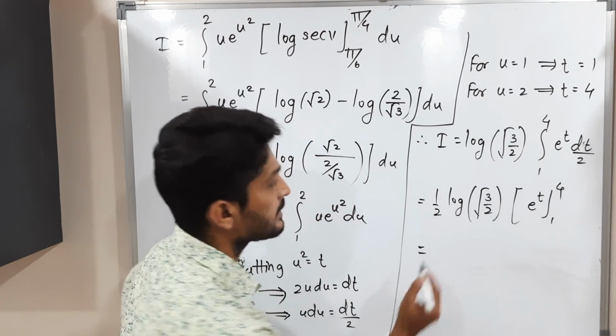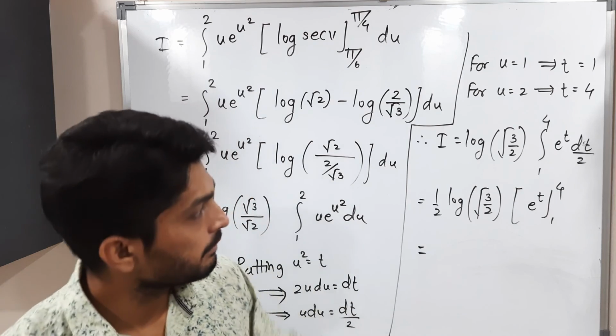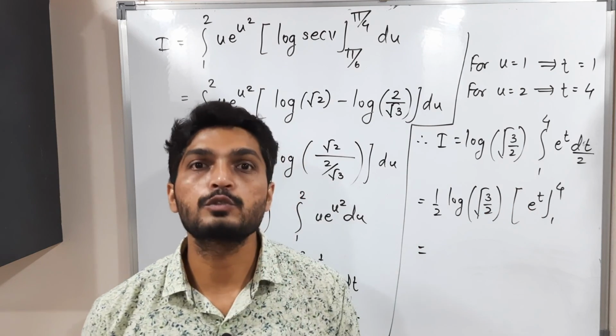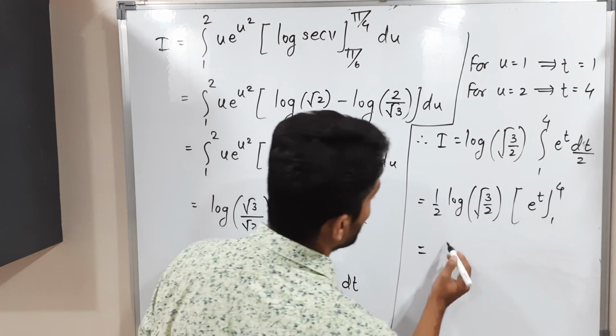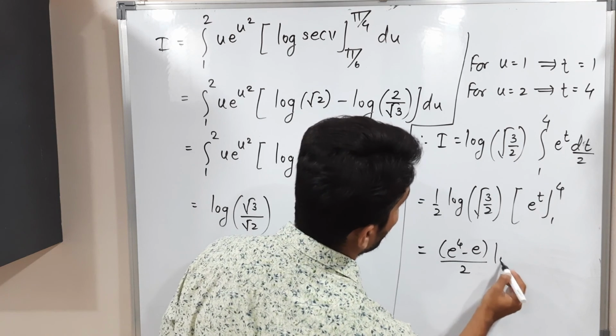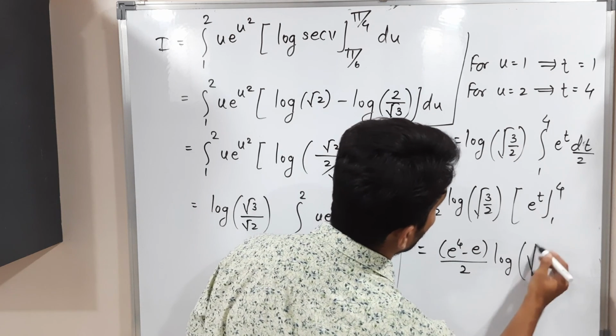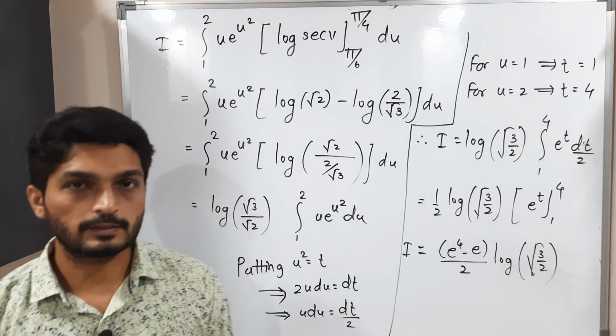Our next task is to put upper limit minus lower limit. If I put 4 here, we will have e raised to 4. If I put 1, we will have e only. So we get here e raised to 4 minus e, divided by 2, and log root 3 by 2. So this is the required answer.